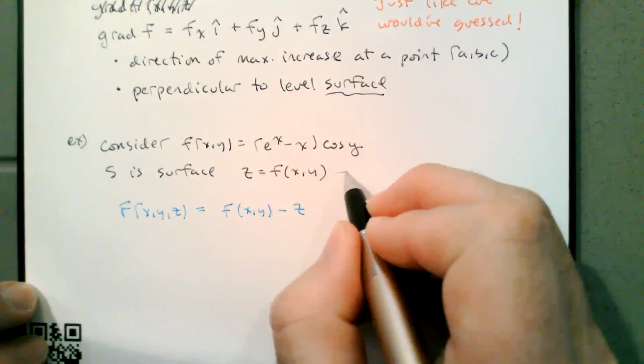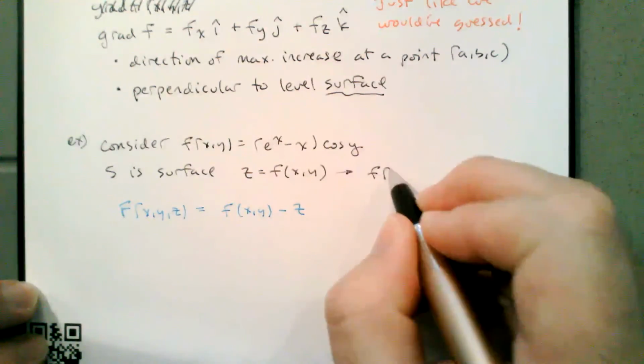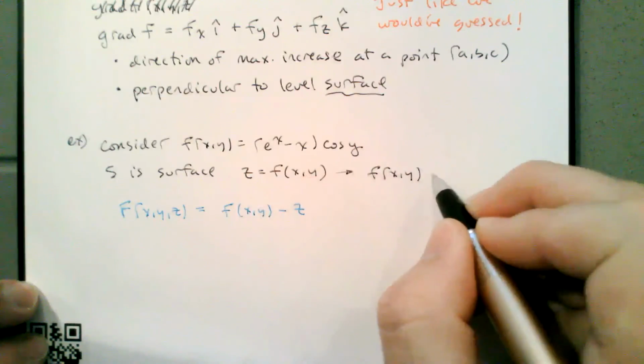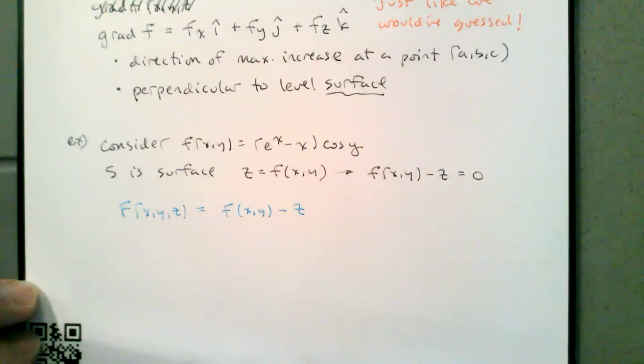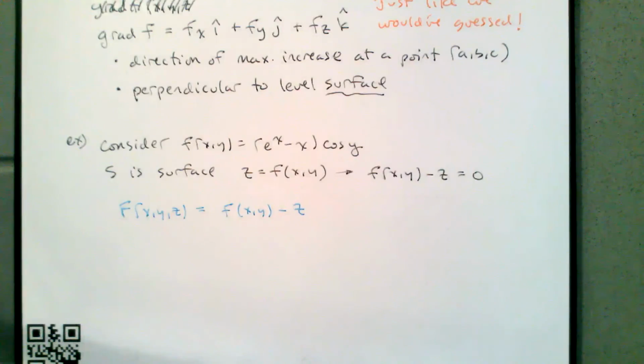Since S is the surface z equals f of x, y, I'm just setting the function to be, subtract z from both sides and set it equal to 0. We're looking at the level surface of the function capital F when capital F equals 0.